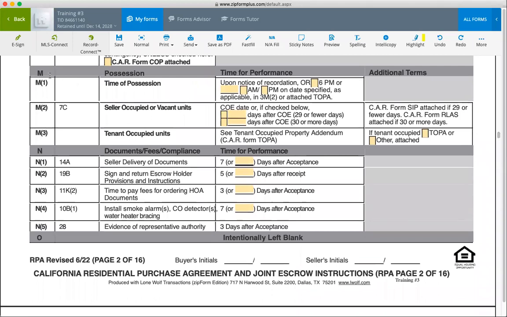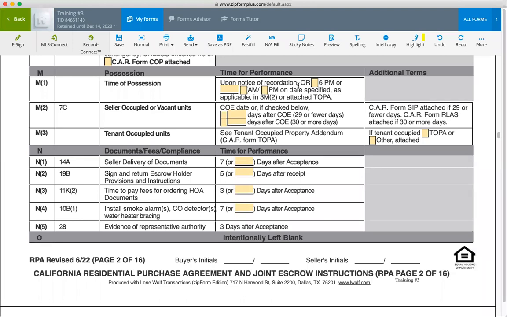Paragraph M, or 3M, deals with possession, the time for performance and additional terms. So time of possession talks about the default: the buyer will get possession on the date of recording at 6 p.m. or some other time as specified.